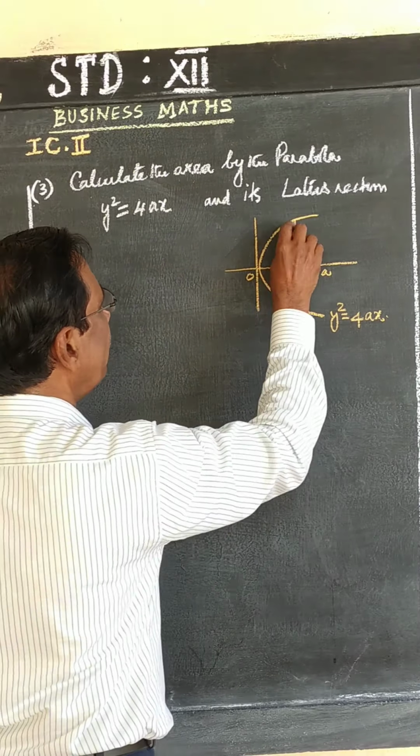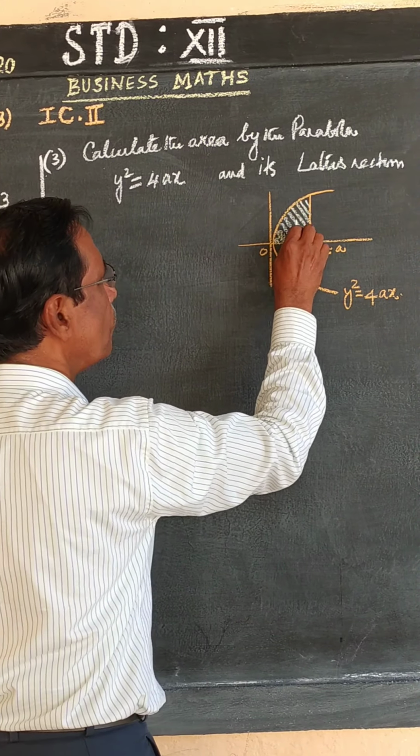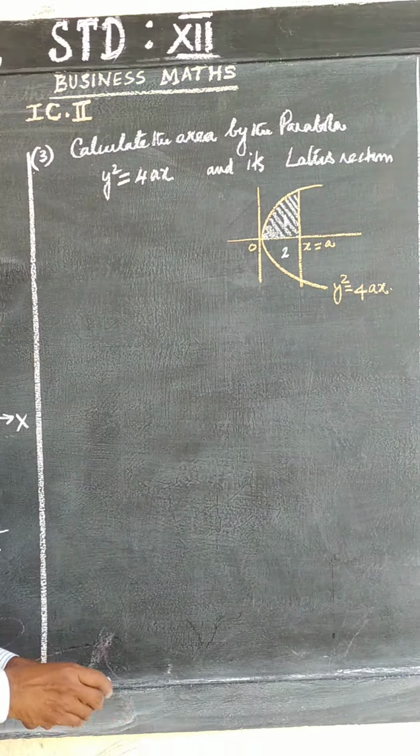Now we have two parts, one above the x-axis and the other below the x-axis. We have to find the area of this entire part. So y is equal to root of 4ax, which is 2 root a root x.